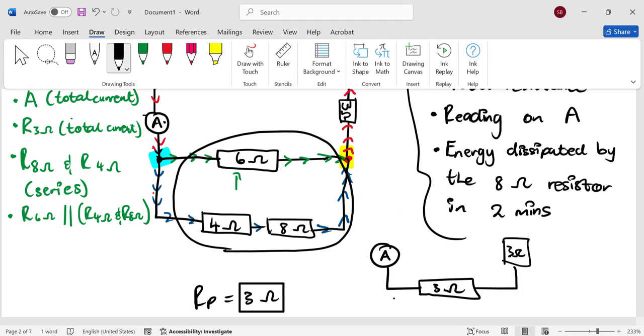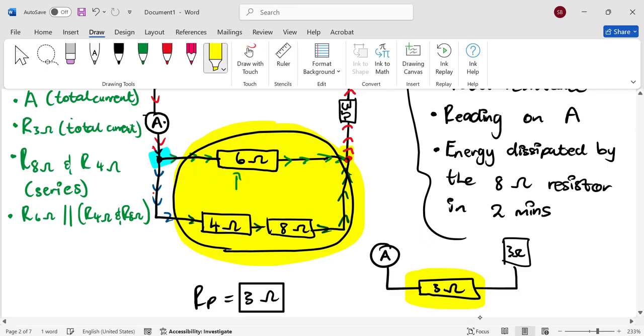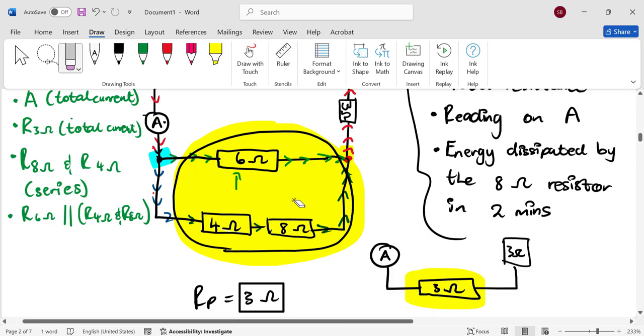So what do you notice? You would notice that this one here was formed from this entire part right here in the division. So this entire division formed this 3 ohm resistor, right? Therefore, as a result, if that is the case, just add my ohmic sign there. Then you can see now that a combination of 6, 4, and 8 gives me 3 ohms.